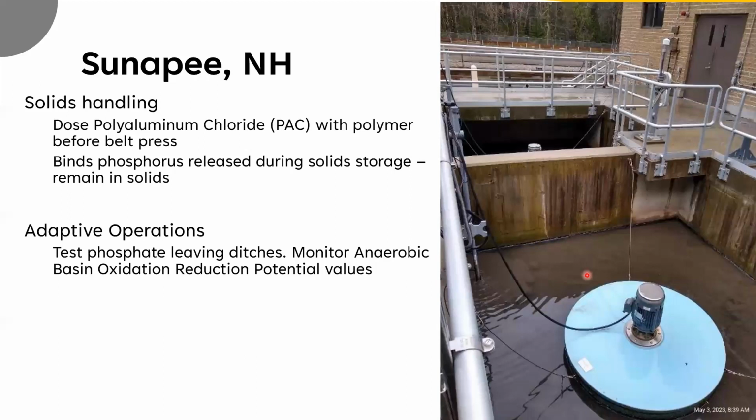And then they have adaptive operations. And I think most of you on the line are going to need to have some sort of adaptive operations in your own facilities. Some of the things Sunapee is doing is that they're regularly testing the phosphate leaving the ditches. They also have begun monitoring the anaerobic basin oxidation reduction potential values.